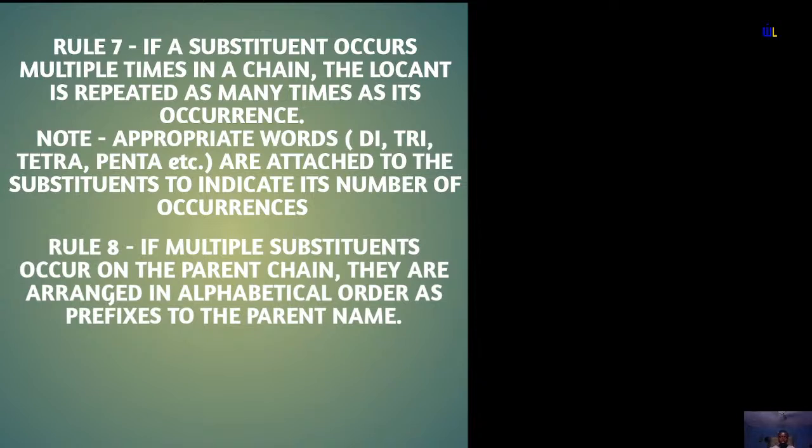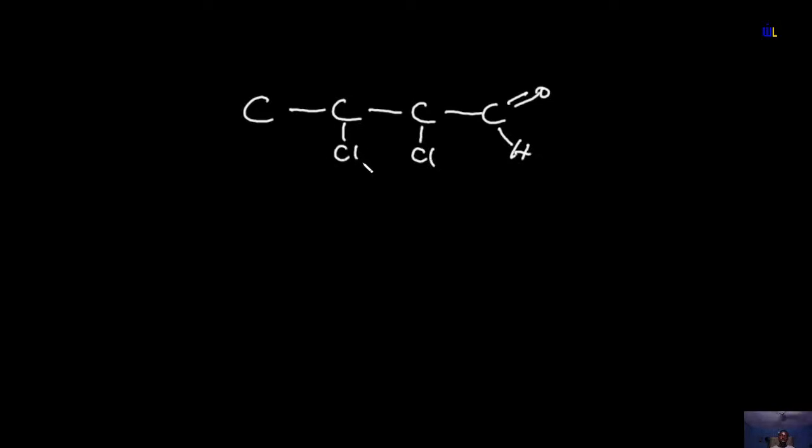Okay, so what does that mean? Let's remove this so we can see. What that means is simply this. Imagine, for instance, that you have a structure 1, 2, 3, 4, 5, and then there is chlorine, chlorine, chlorine.